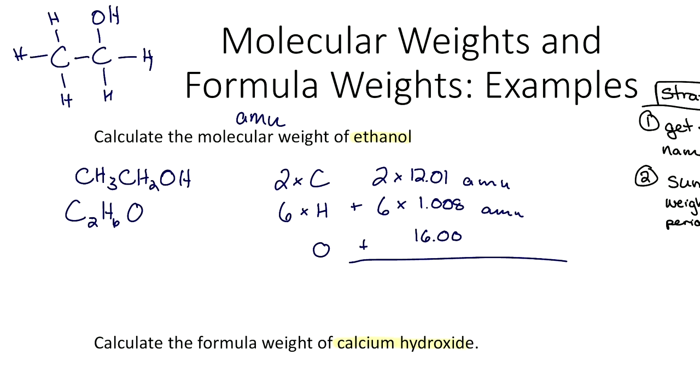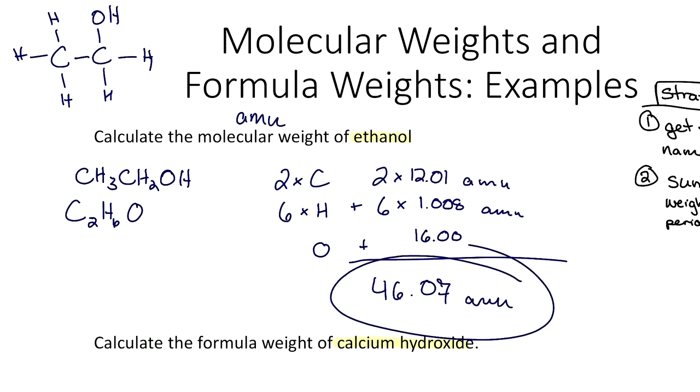So our answer is going to go out to 2 decimal places, because it looks like we're limited by oxygen and carbon. All right, so that's how we do sig figs here. It's addition rules. So the answer is something like 46.07 AMU. Okay, so one ethanol molecule will weigh about 46 atomic mass units.